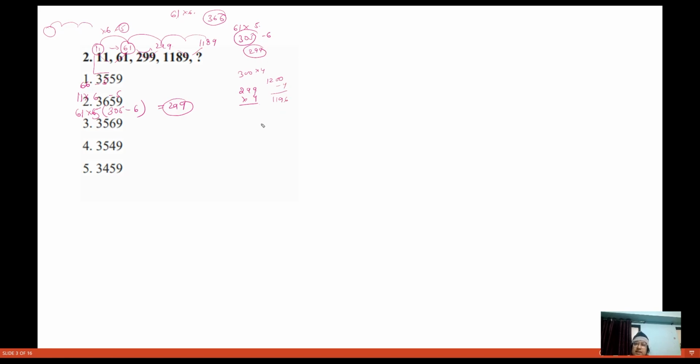Let us see. This is a little cumbersome, but it is very near, so I can do it this way. According to me, it should be 1196. Let us check this. 9 fours are 36, 3 carry over. 9 fours are 36, 36 plus 3 is 39.